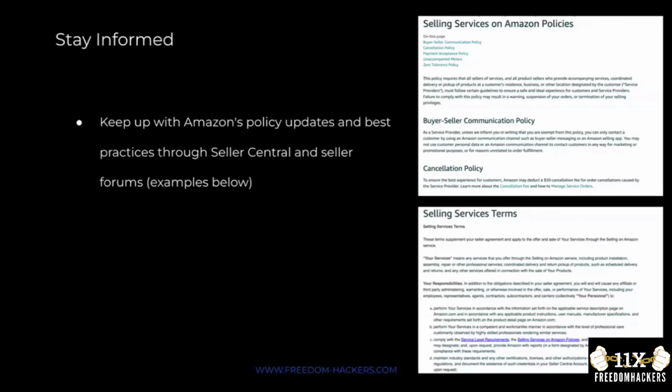That's an easy one, but also any changes in your category, with your product, or in general with Amazon, right? So basically, keep up with Amazon's policy updates and best practices through Seller Central forums, right?